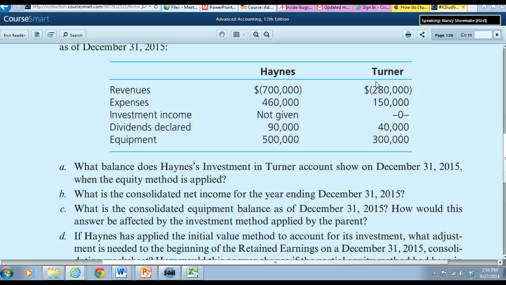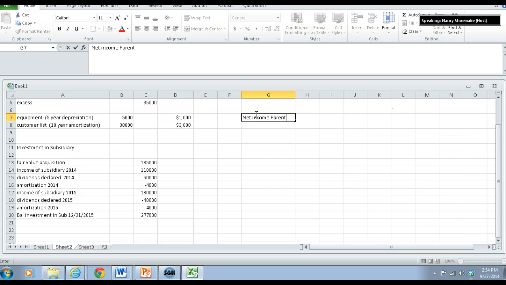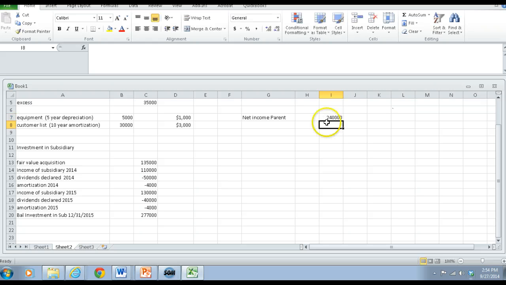Then we need to show the amortization expense along with the depreciation expense to come up with our consolidated net income. So we'll have the net income of the parent, $240. Net income of the sub, $130. Depreciation on equipment, $1,000.